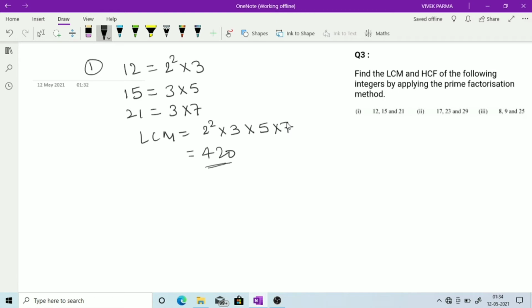And now we have HCF. Here what is HCF? Highest common factor, which is the product of the smallest power of each common prime factor. So here 3 is common in 12, 15 and 21 as well. So 3 is the HCF.